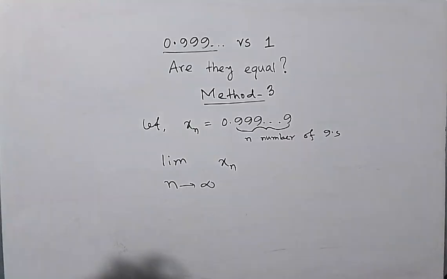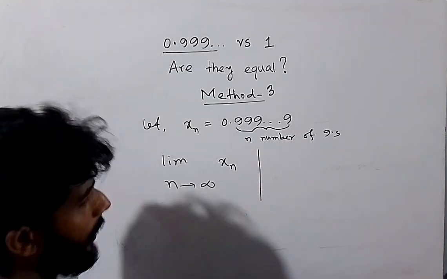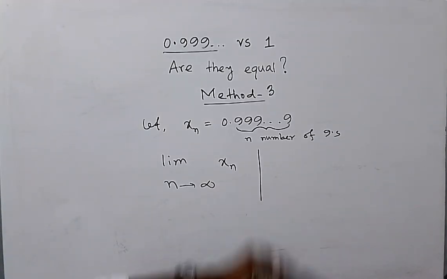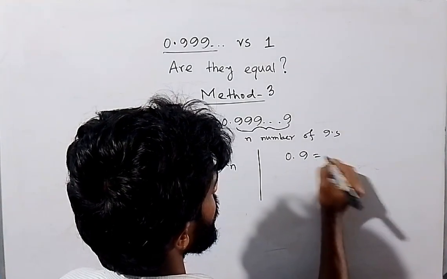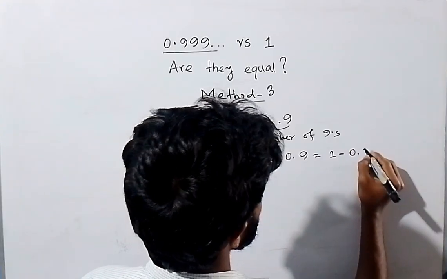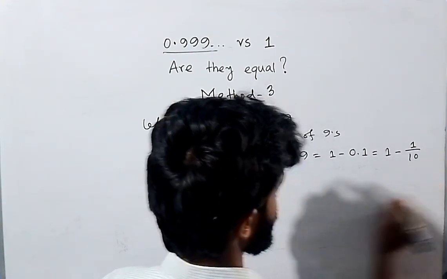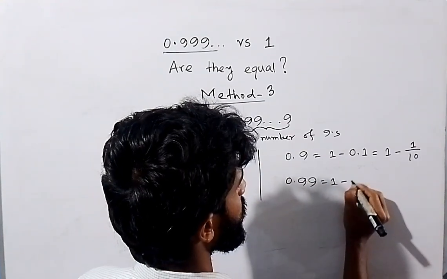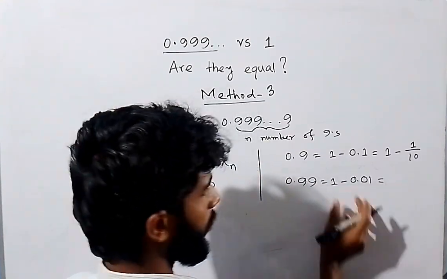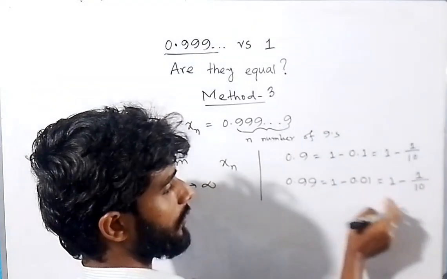To solve this problem, I want to show you some experiment here. 0.9 can be written as 1 minus 0.1, that is 1 minus 1 by 10. 0.99 can be written as 1 minus 0.01, and 0.01 is 1 by 100.